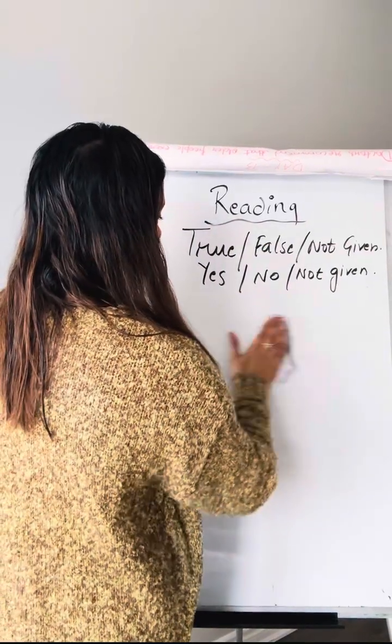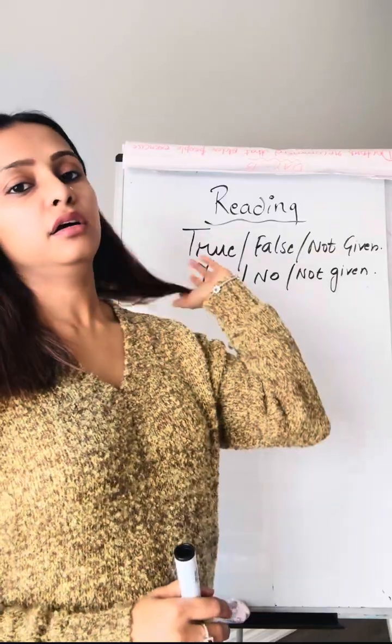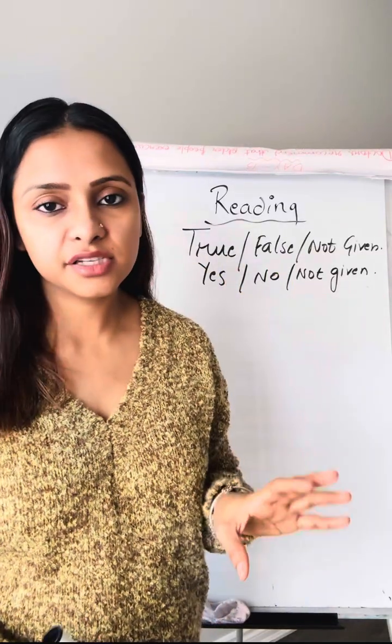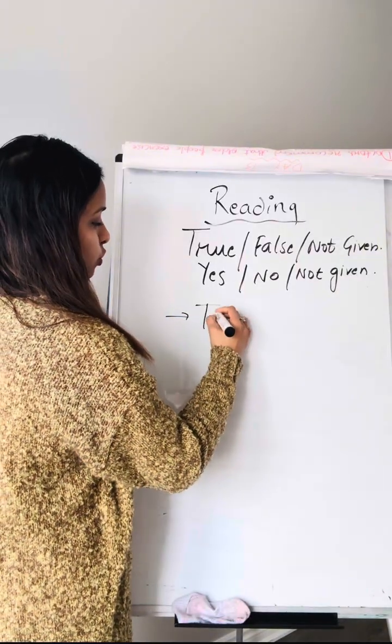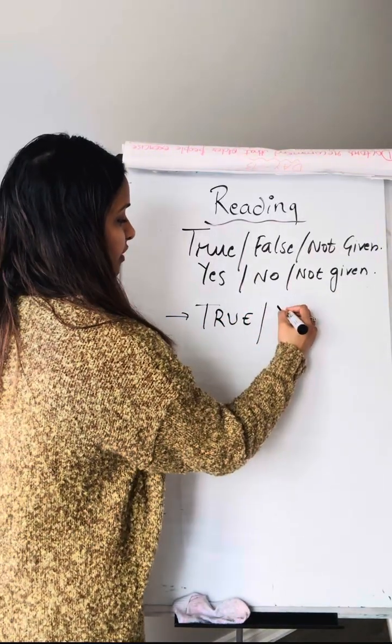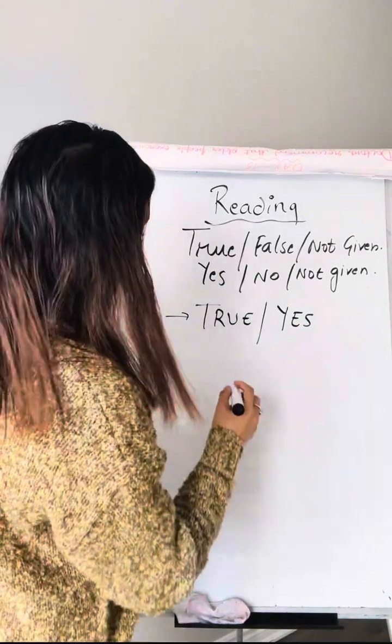Now, in case of yes, no, not given, and true, false, not given, the strategy is the same. Whenever you need to write true or yes, you need to understand one thing.